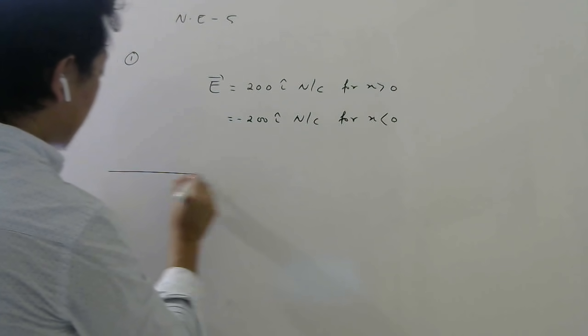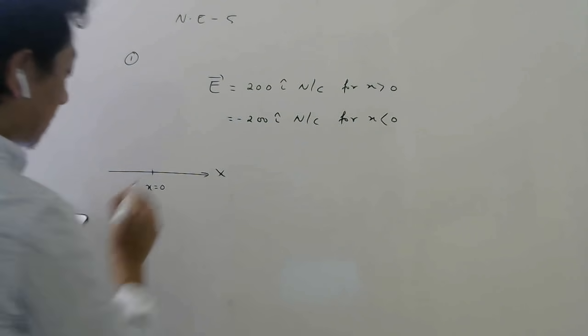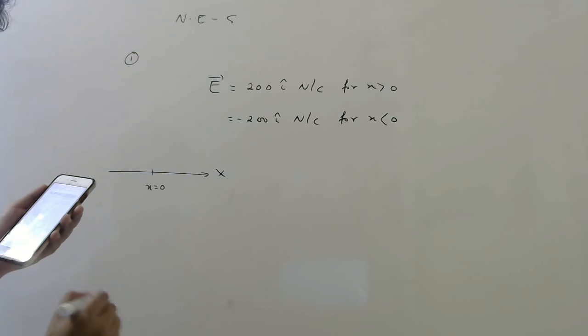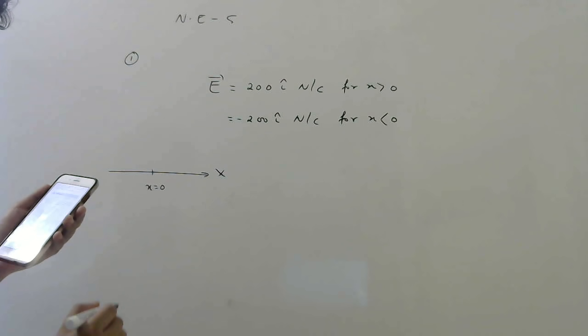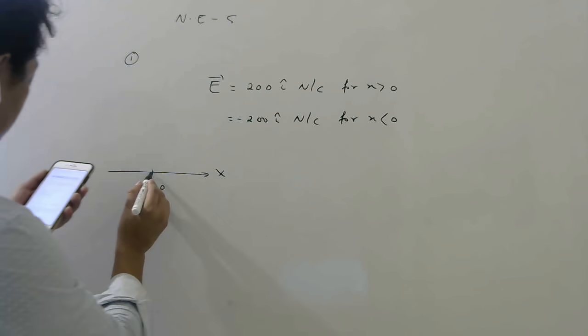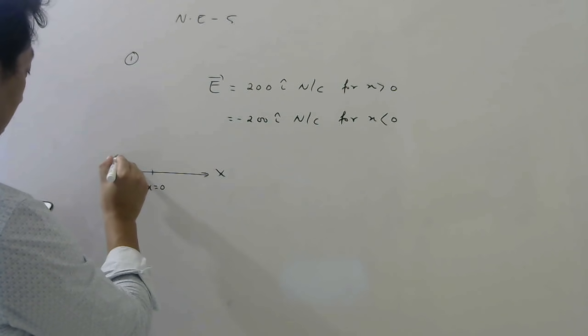So let us say this is your x-axis, and this is your x equal to 0. They have kept a cylinder whose length is 20 centimeter and radius is 5 centimeter, with its center at the origin and its axis along the x-axis. So you have to keep the cylinder like this.